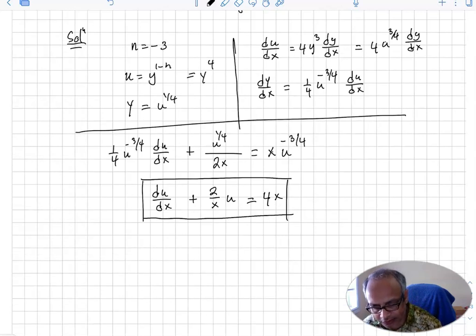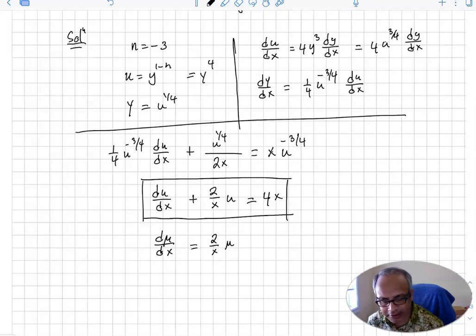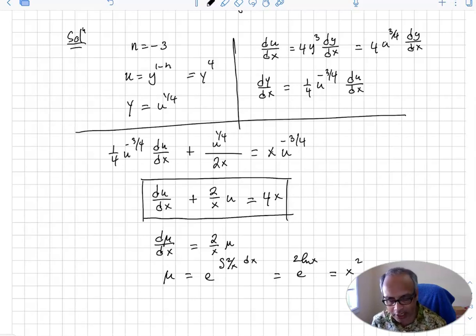The equation for the integrating factor, you can look at, d mu dx equals 2/x mu, and this simple equation we now know gives mu equals e to the power integral of 2 by x dx, and e to the power ln of x squared, which means x squared. So mu is just x squared.